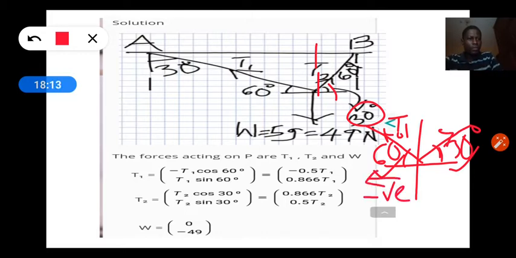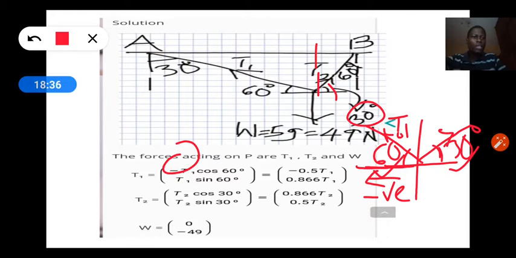On my Cartesian plane, this side is negative. That's why you have this negative here, and that's why I have minus T cos theta. Where I'm resolving to here is my adjacent, and T1 is the hypotenuse. That is why we have minus T1 cos theta.